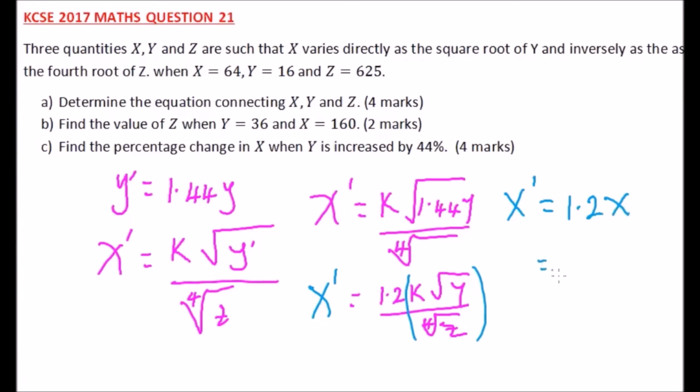This means that x increases by 20% when y is increased by 44%, and that is the answer to that question.